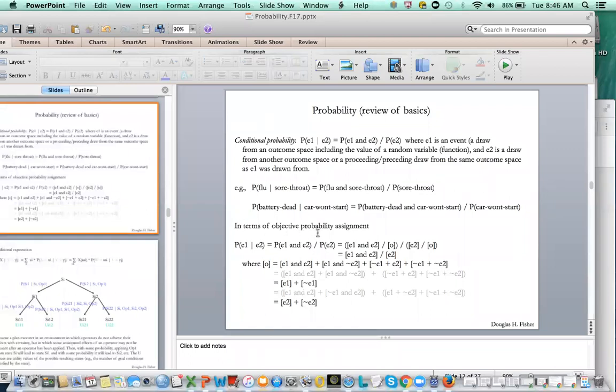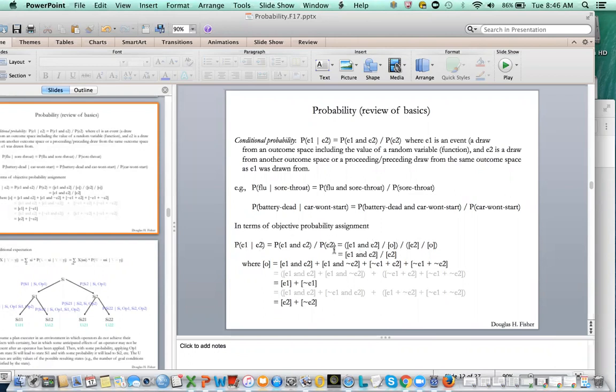In terms of an objective probability assignment, which we also talked about, we can rewrite this conditional probability as a joint probability divided by the probability of the conditioning information. And we're going to re-express these various probabilities in terms of ratios.